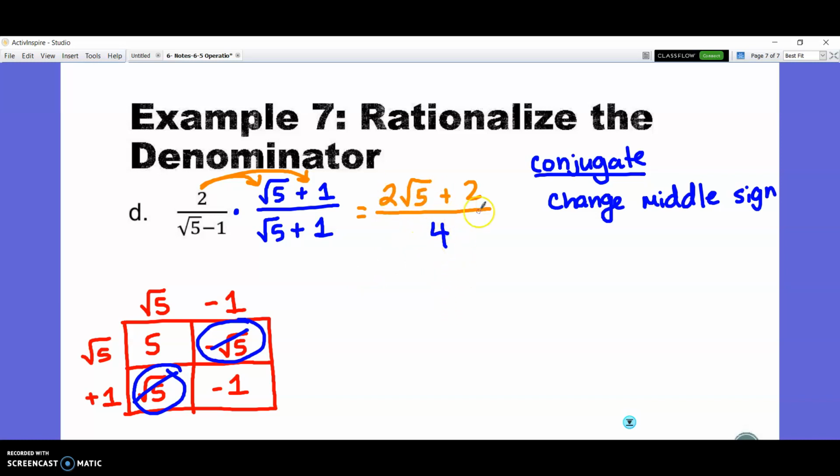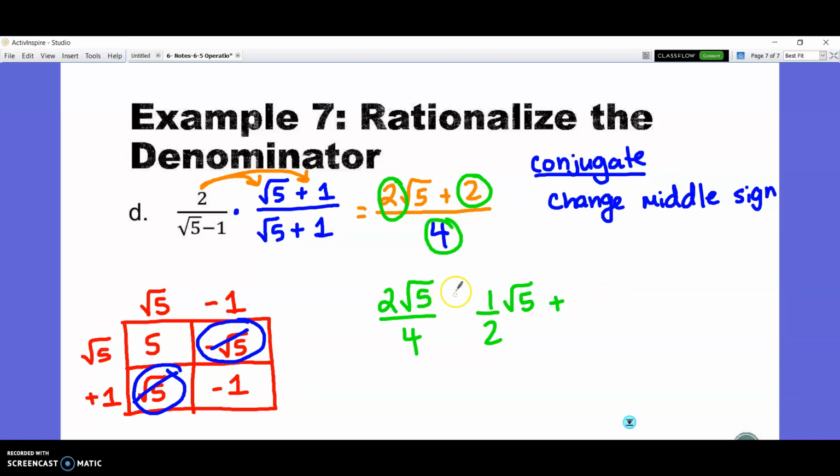And then we can simplify all of these because we look at the number on the outside of the radicals. 2, 2, and 4 are all divisible by 2. So we're going to divide all of these by 2. 2 square root of 5 divided by 4, we can reduce this fraction. 2/4 is really 1/2 square root of 5.